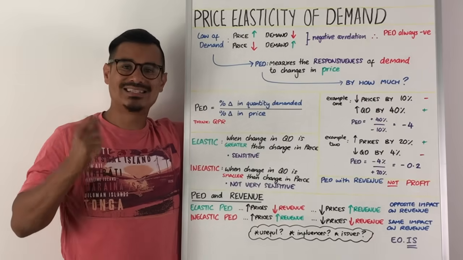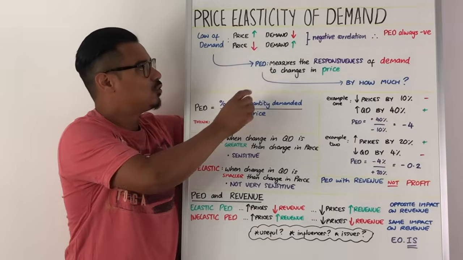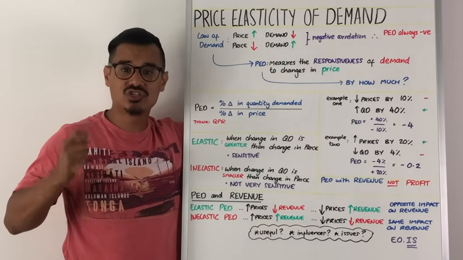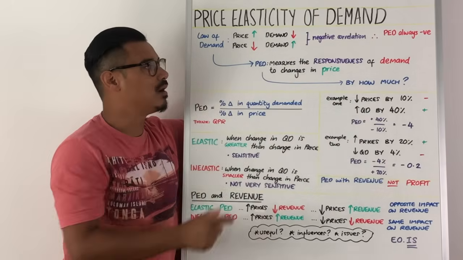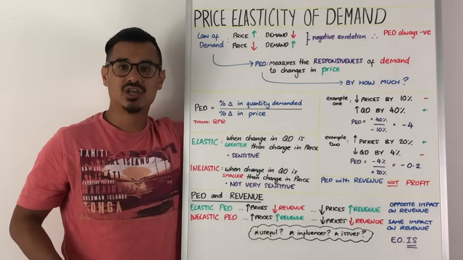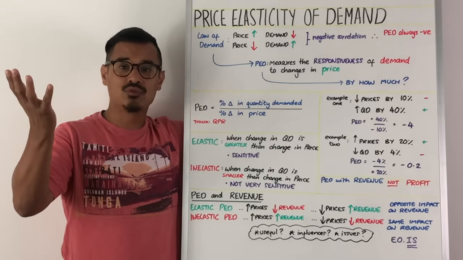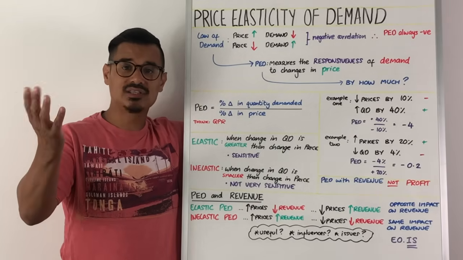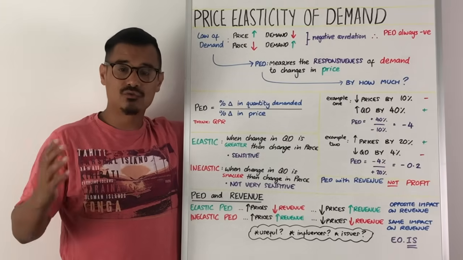Now, price elasticity of demand, or PED. PED is simply an extension of the law of demand, and it measures the responsiveness, the sensitivity, of demand to changes in price. So you change your price, you increase your price, for example. We know if you increase your price, we're going to get the opposite happen to demand because of the law of demand.